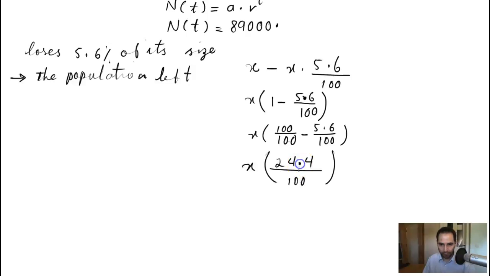You move the decimal point two places to the left, so it becomes 0.244 times x.